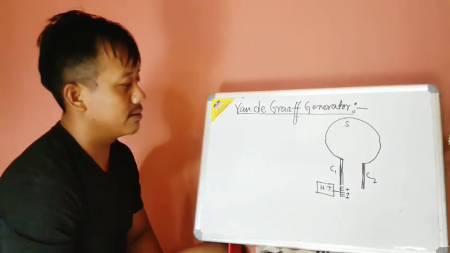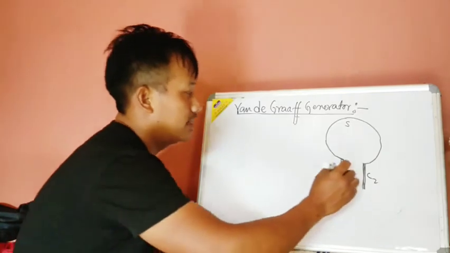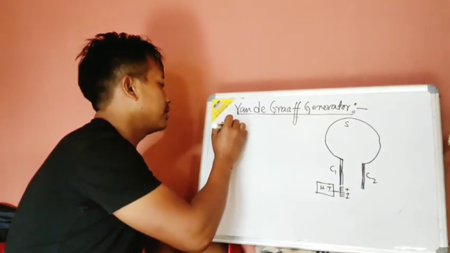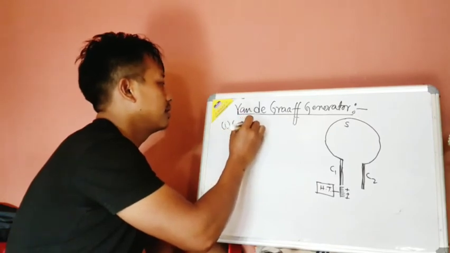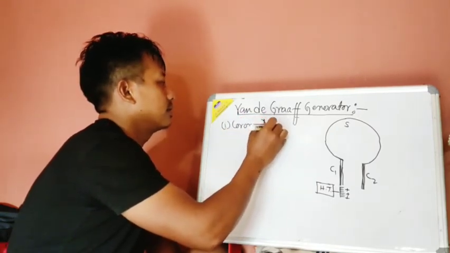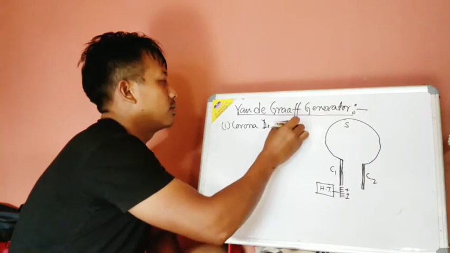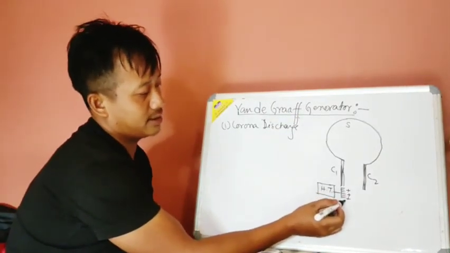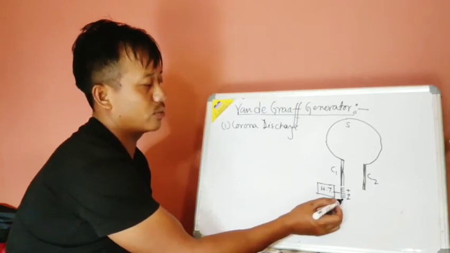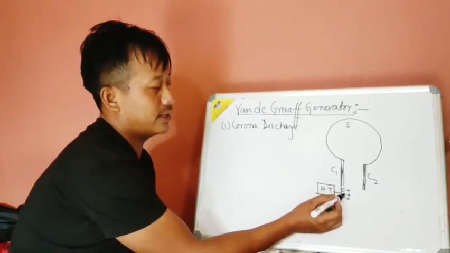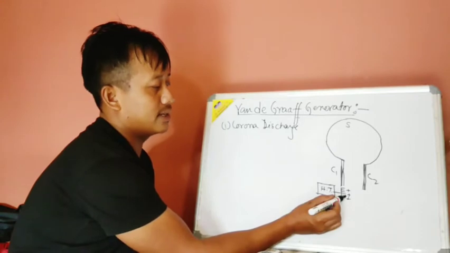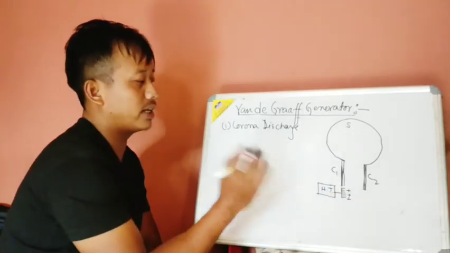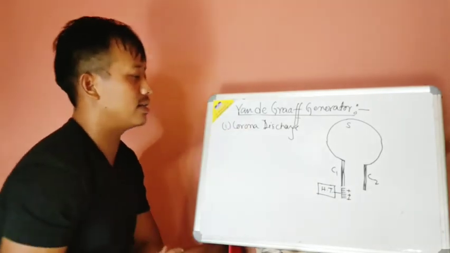This principle is known as corona discharge. When the sharp end of the metallic surface is connected to the positive terminal, the air molecules here get ionized. That is known as corona discharge.